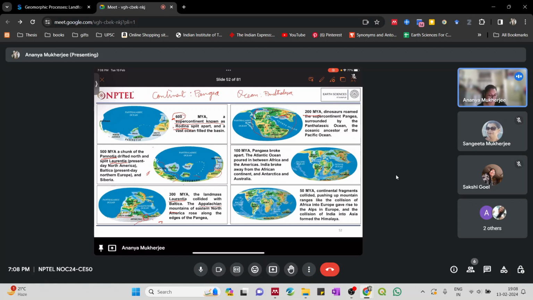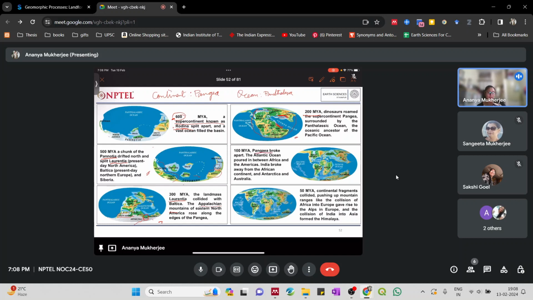So this is the Indian part, and this is the Eurasian part, and you can see the Tethys Ocean was present between the Indian and Eurasian plates. The Tethys Ocean actually disappeared when you had the collision between the Indian landmass and the Eurasian landmass. Then after this setup, 100 million years after that, Pangaea started breaking apart.